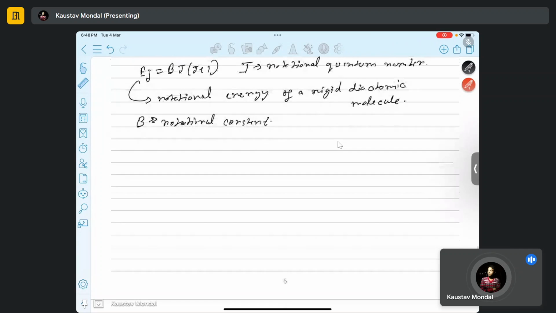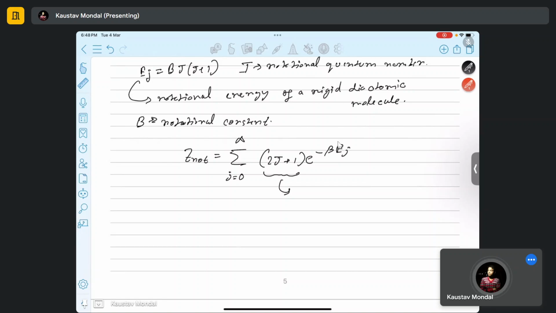So the rotational partition function in this case will be the sum over all energy states, J from 0 to infinity, of 2J plus 1 times e to the power minus beta Ej. This 2J plus 1 factor comes because each rotational energy level has degeneracy: a Jth state has 2J plus 1 degeneracy.